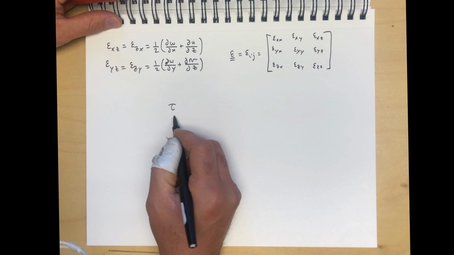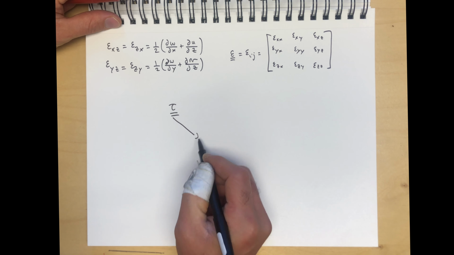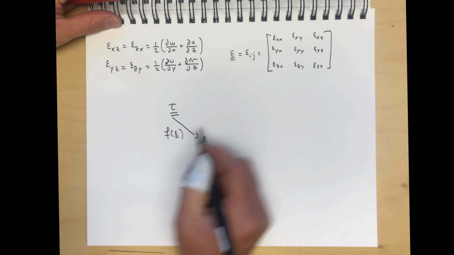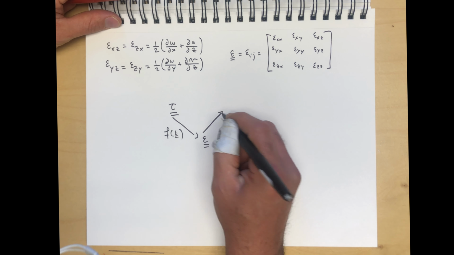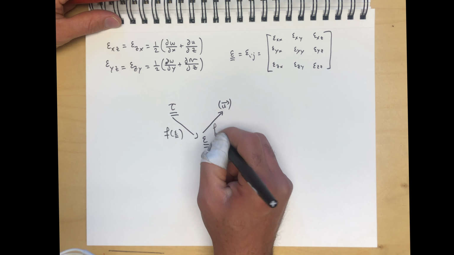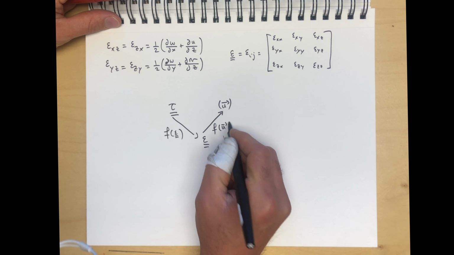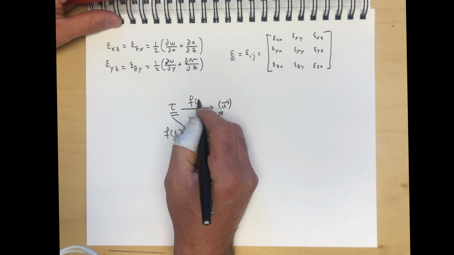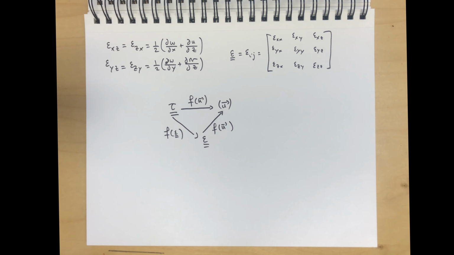So we had tau related to epsilon as f of epsilon, and now we related epsilon to the velocity field, f of u. So now we can relate tau as a function of the velocity field.